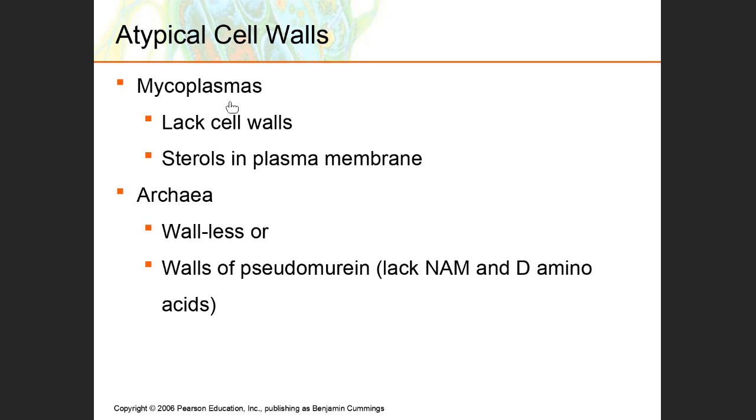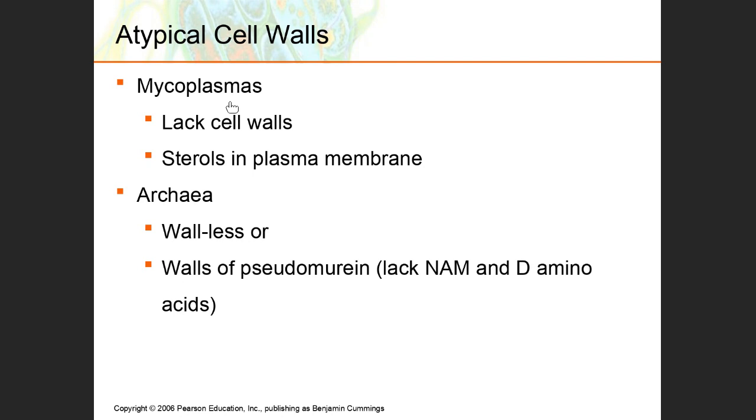When it comes to the archaea, that other major group of prokaryotes, some of them may not have a cell wall. Many of them do, but the cell wall does not contain peptidoglycan. It contains other things, which you don't need to know.